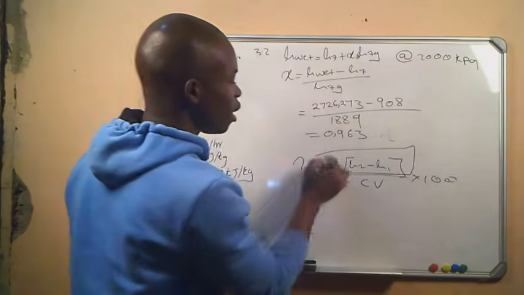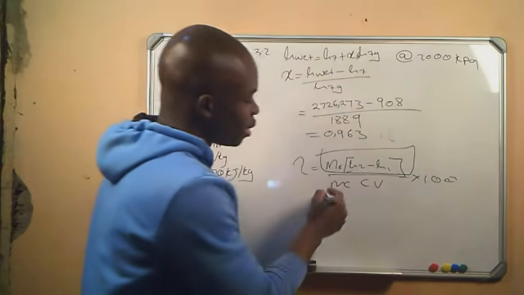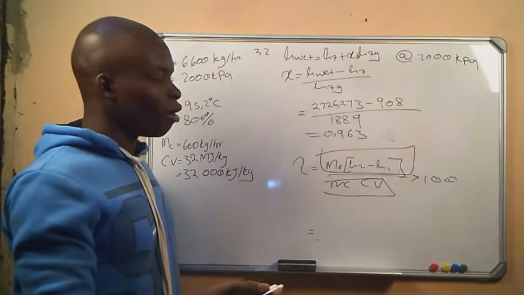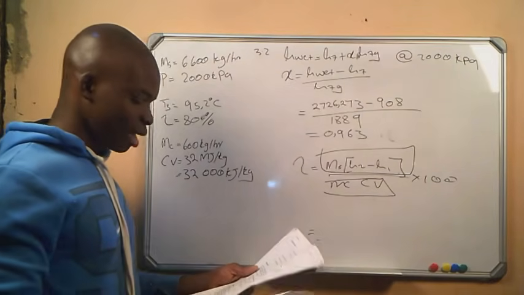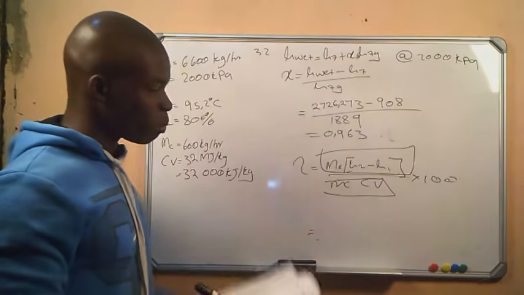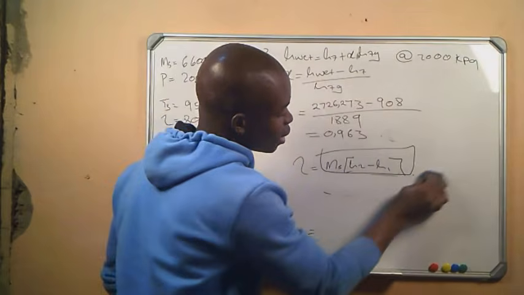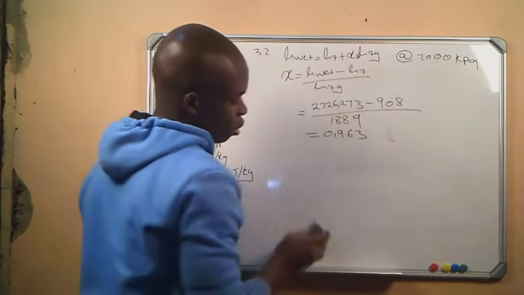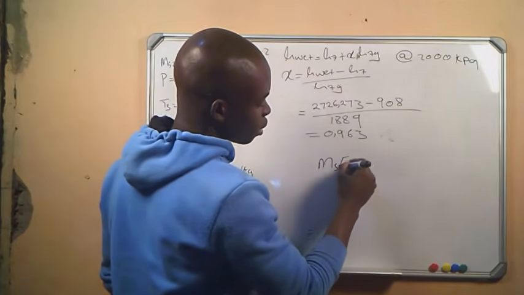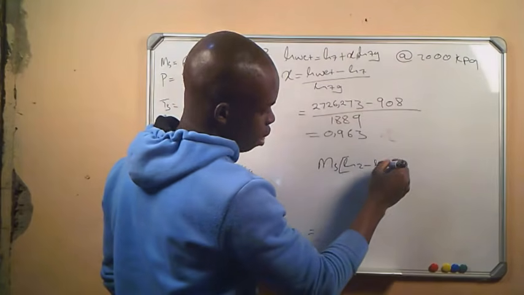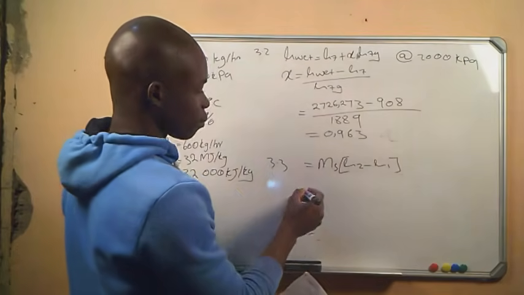This is the heat energy of steam, and this is the heat energy that is produced by the complete combustion. But now they are telling us to calculate the heat absorbed by the steam. This is what we are looking for, the heat energy of the steam, M of the steam, so this is 3.3.